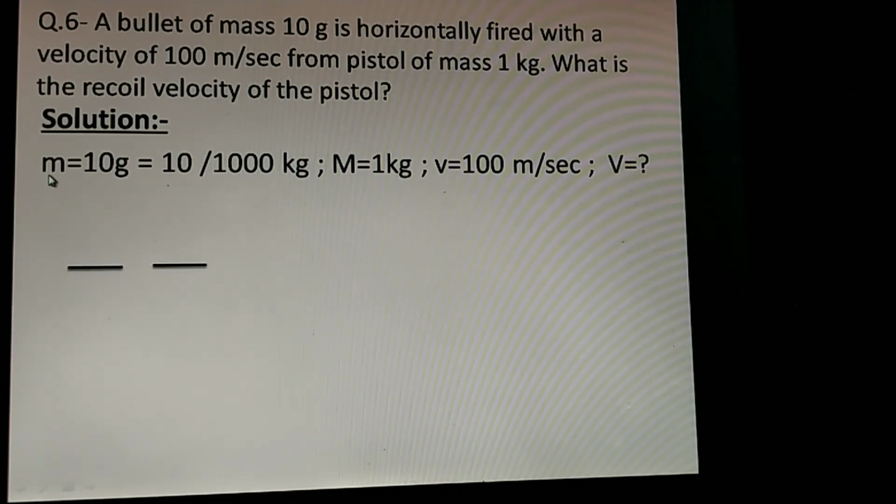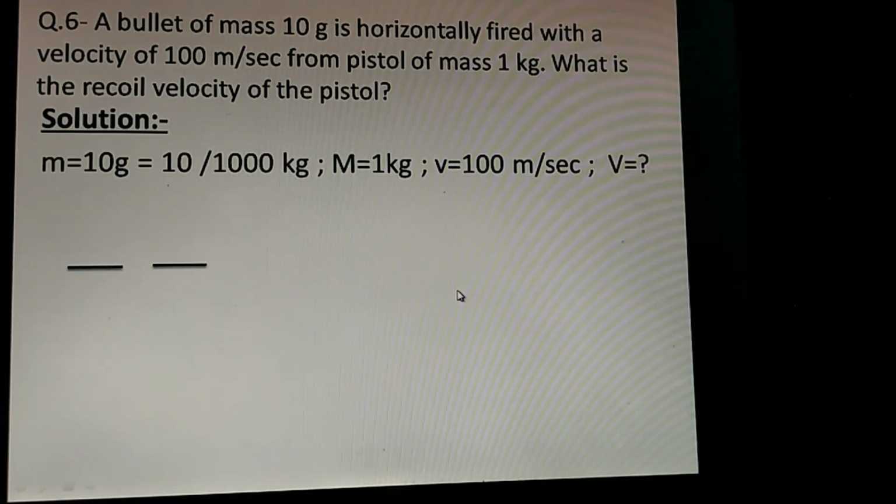Now see, here small m represents the mass of the bullet. Capital M represents the mass of the pistol. Small v represents the velocity of the bullet, and capital V represents the recoil velocity. The capital V we have to find out.